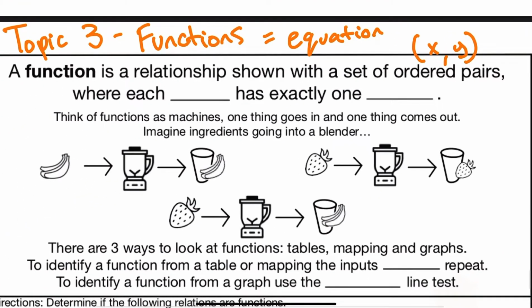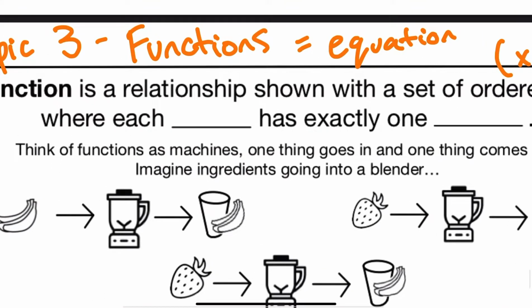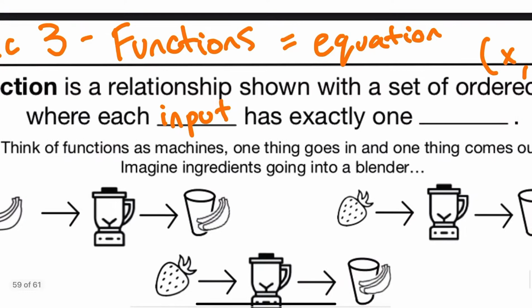Okay, let me continue with this. Shown with a set of ordered pairs where each, I'm going to write in there, input has exactly one output. So if you put something into your equation, you should only be able to get one thing out, okay?